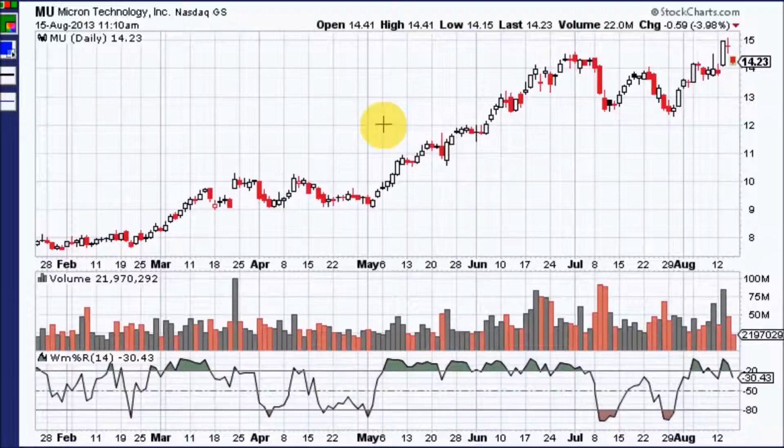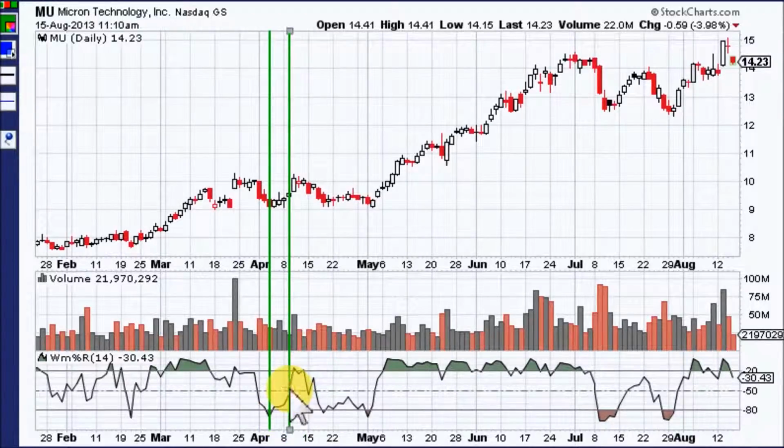Now let's take a look at some of the signals percent R has given on this chart for MU. First of all, like I mentioned, this was an oversold reading below minus 80. And when it crossed back up through the 80 line and then up through the 50 line right there, the stock did go up.